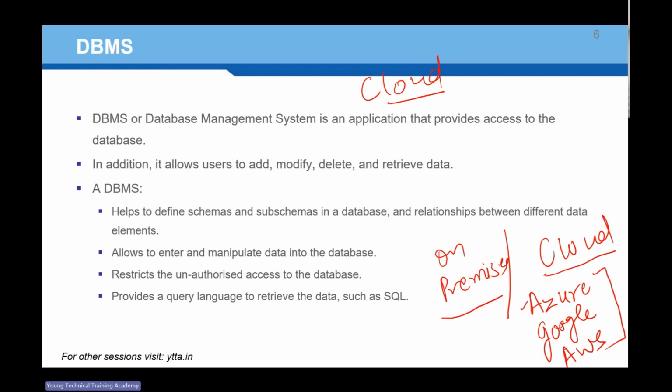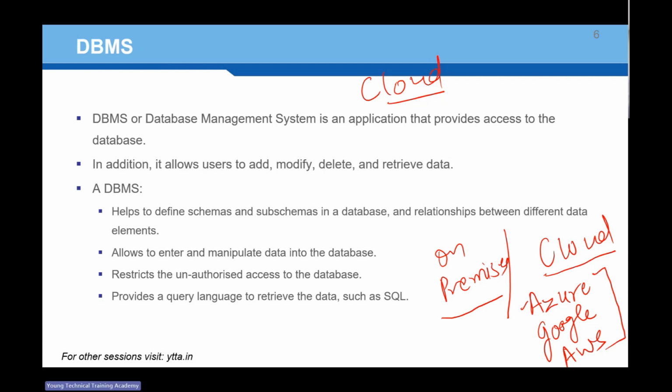Azure is a Microsoft product providing cloud services. Google, you might have heard about Google Cloud. And we have Amazon Web Services based cloud as well, where we can have our database. So we can have our database management system in the cloud, and then store our data in the format of tables, columns, and records.